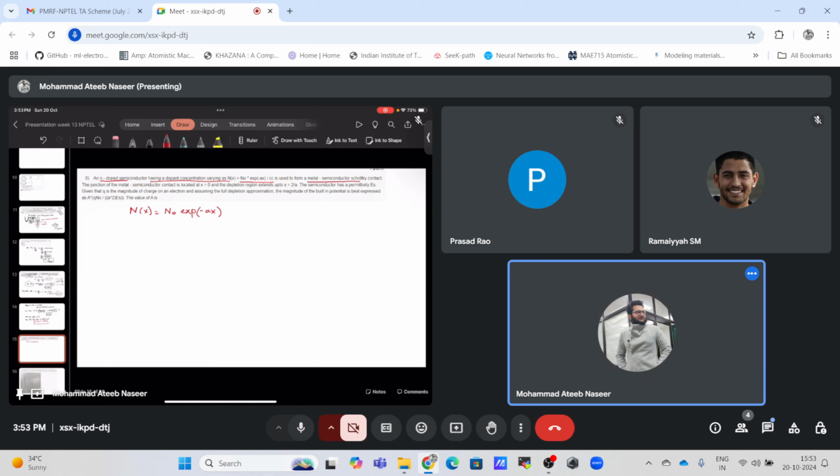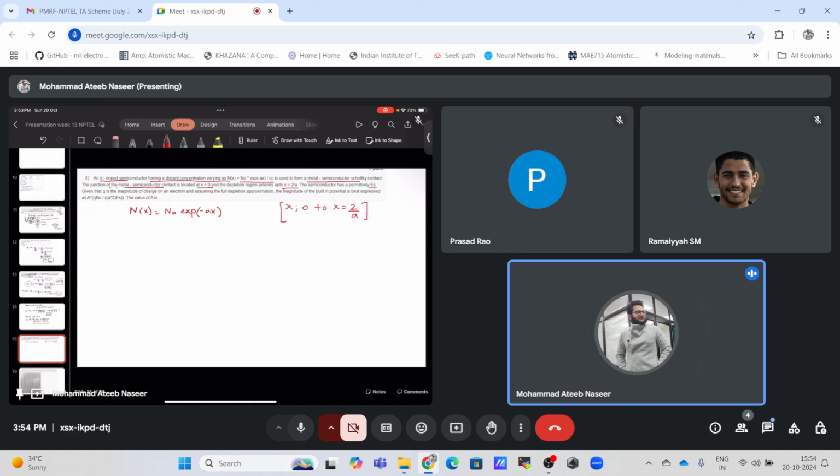It is used to form the metal semiconductor Schottky contact. The junction is located at x equal to 0 and extends up to 2 by a, so the junction is between x equal to 0 and x equal to 2 by a.